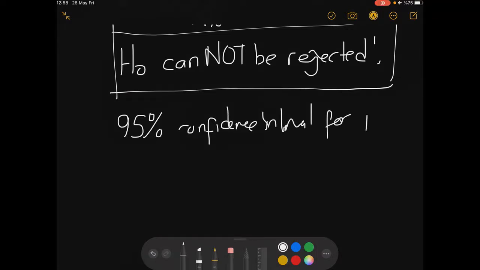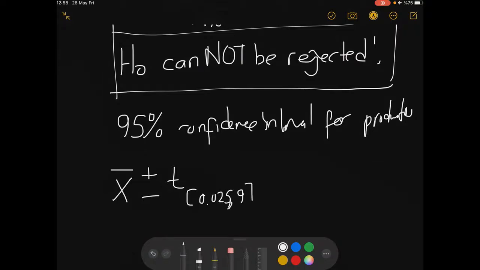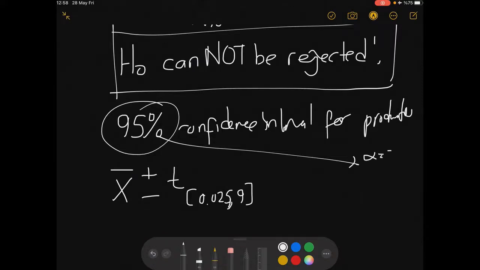production as extra, it means that your x-bar plus minus t with the degree of freedom 0.025 and 9 here. Why? Because this results in alpha being 0.05, and since it is a confidence interval, 0.05 divided by 2 is 0.025, that's why we put this.